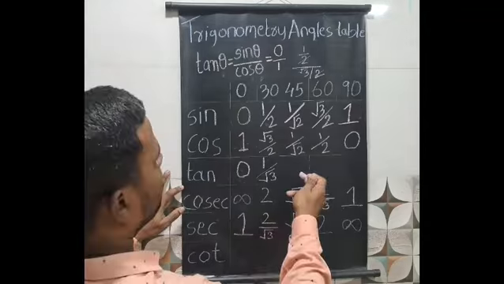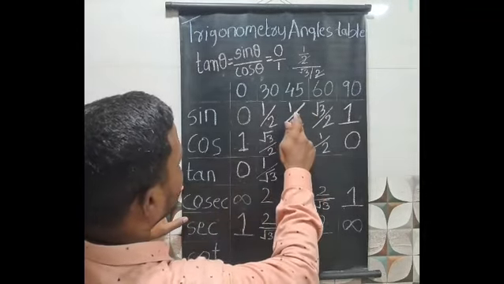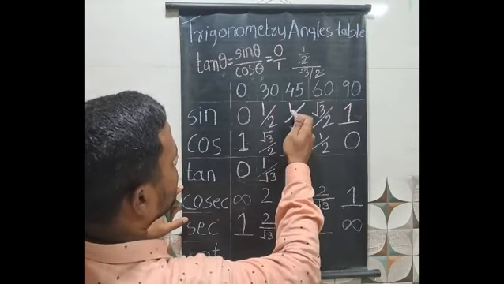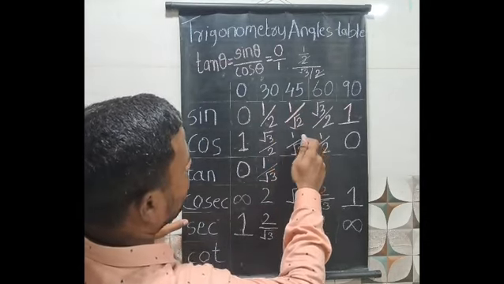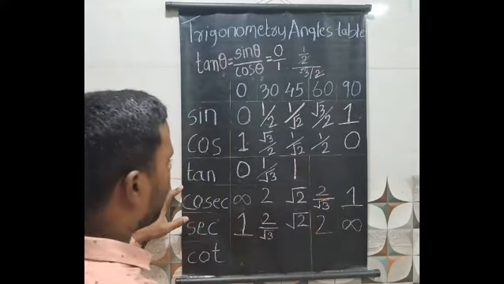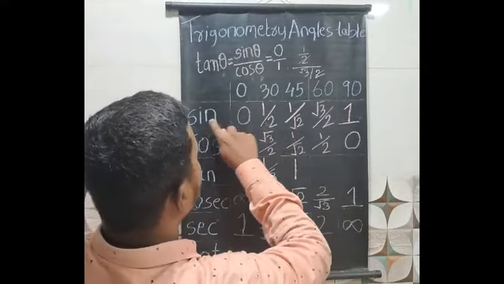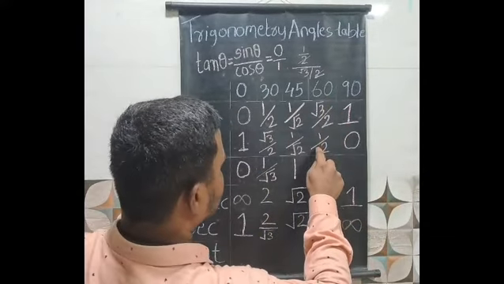Going forward with tan 45, which is sine 45 upon cos 45. 1 upon root 2 divided by 1 upon root 2 is equal, so we can write it as 1. Moving ahead, tan 60 is sine 60 upon cos 60.